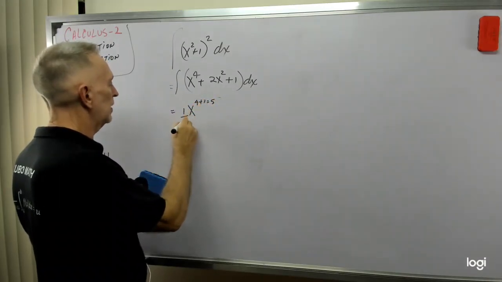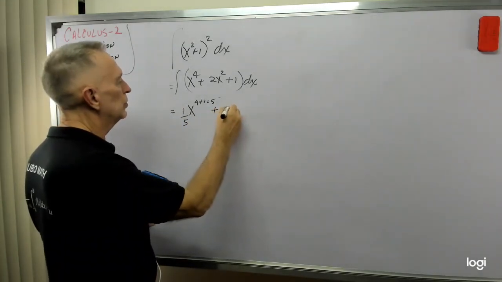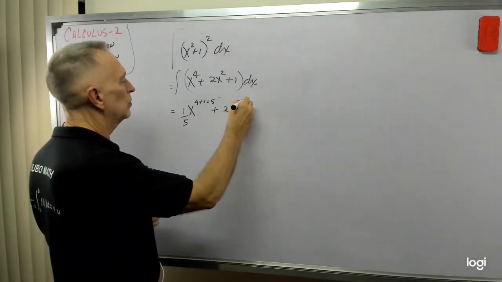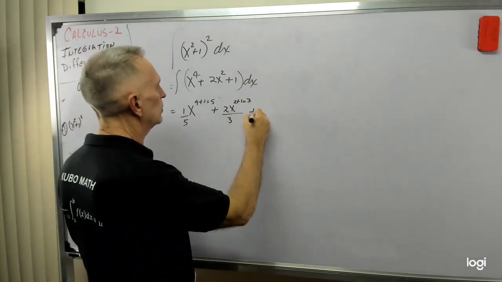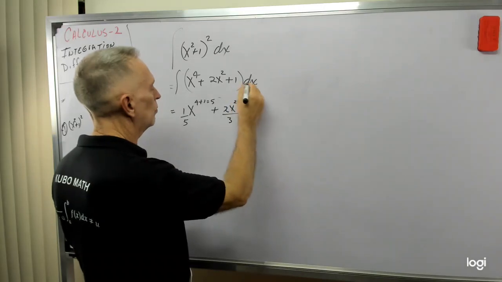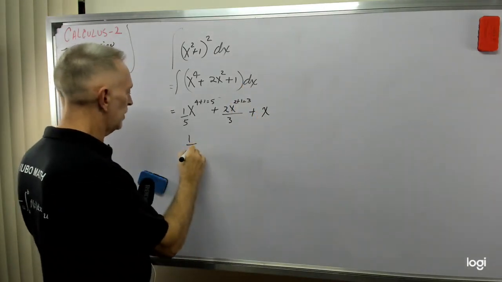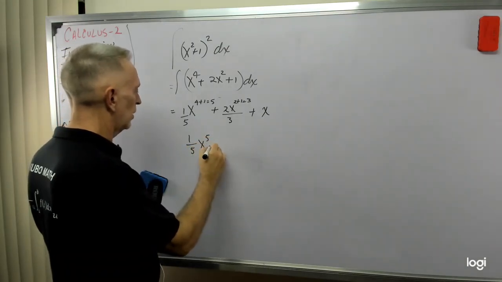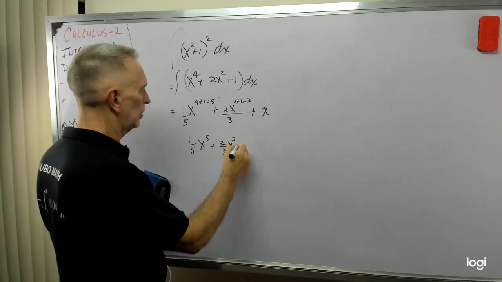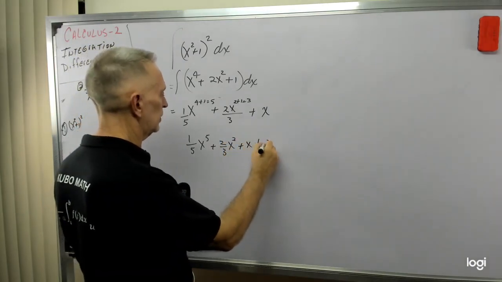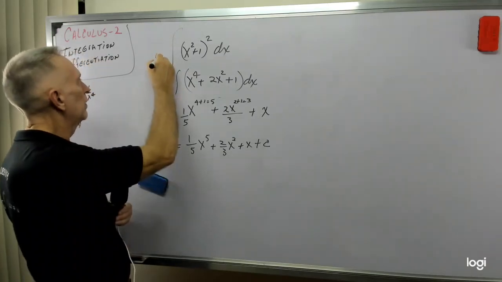So I multiply that by 1/5 or divide by 5, plus 2x to the 2 plus 1, which is 3, divided by 3, plus integral of 1 dx is x. So I have 1/5 x to the 5th plus 2/3 x cubed plus x plus c. Okay, we'll call that y.